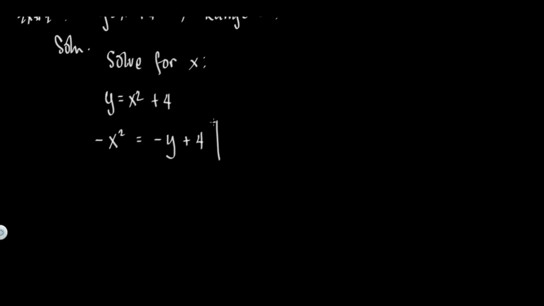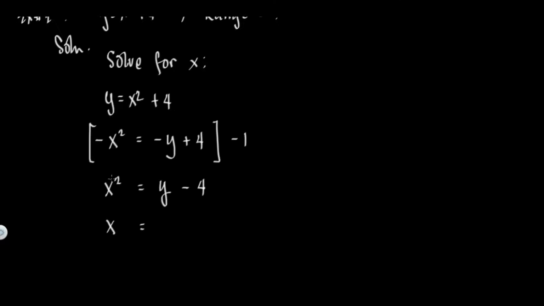Okay? Then, multiply everything by negative 1. Okay? So, ilan yan? X squared, negative times negative is positive, negative times negative, positive y, minus 4. Okay? Then, x, solve for x, pwede itong square root mo both sides, no?